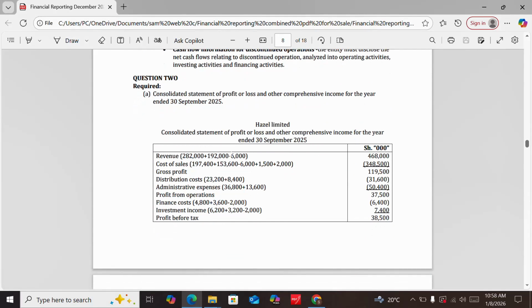And then we go to question 2. Hazell Limited consolidated statement of profit or loss and other comprehensive income for the year ended 30th September 2025.